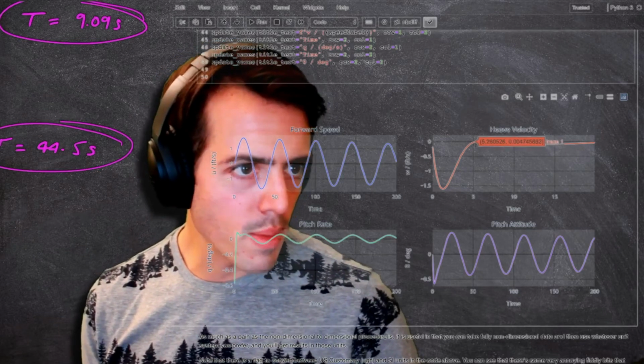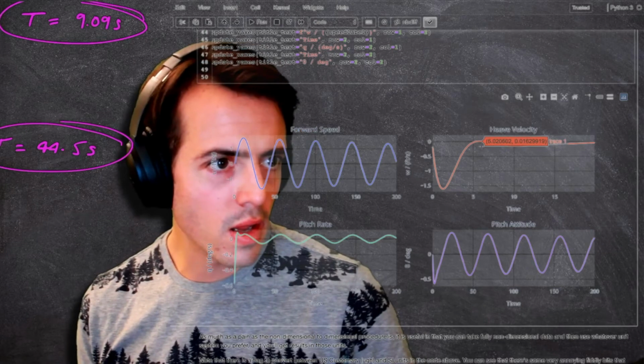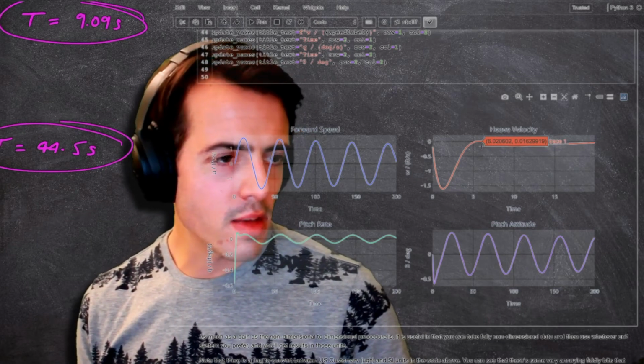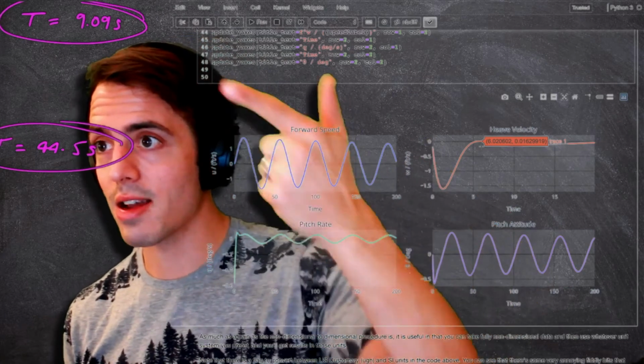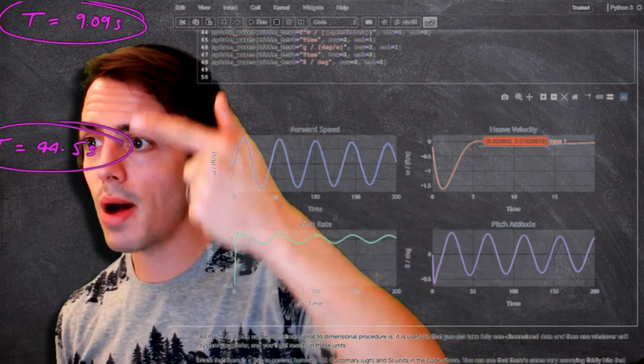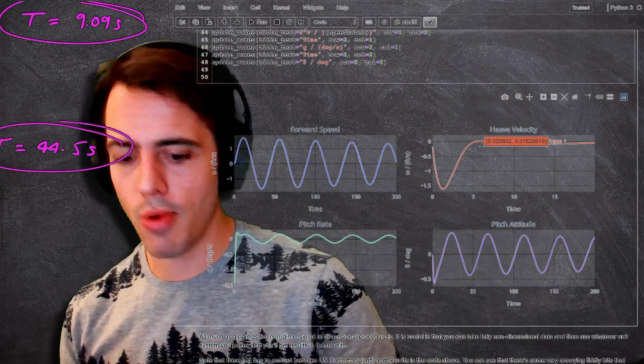Maybe not even right, maybe like there, 1.4 to, yeah, maybe to 6. So that's about 4.5 seconds is the half period. So 4.5 times 2 gives us 9 seconds. So we've got the two parts of this motion, but we've managed to separate them out.